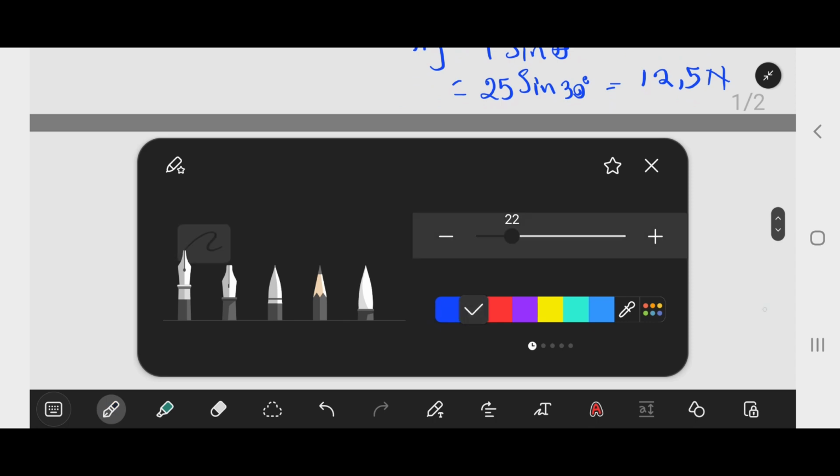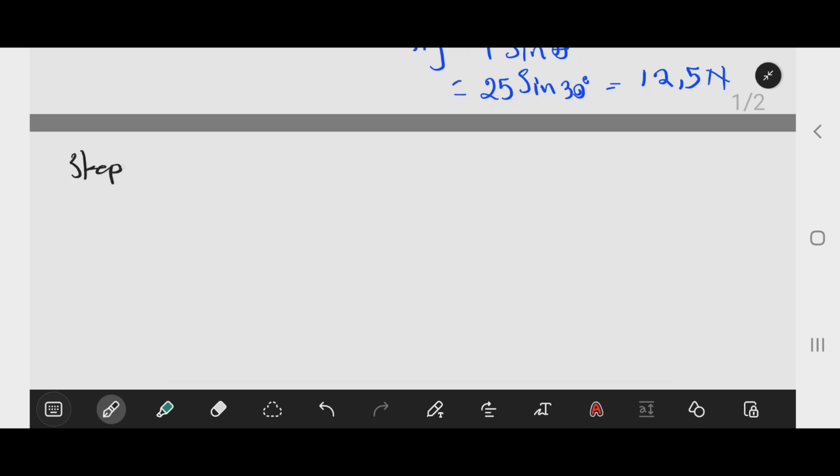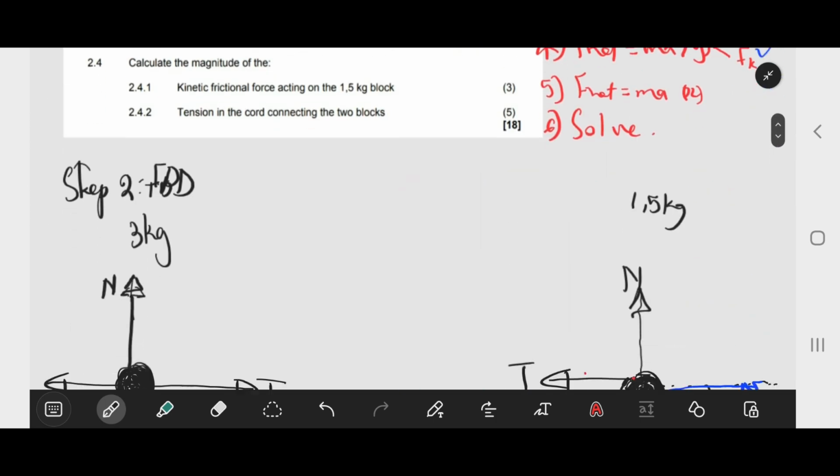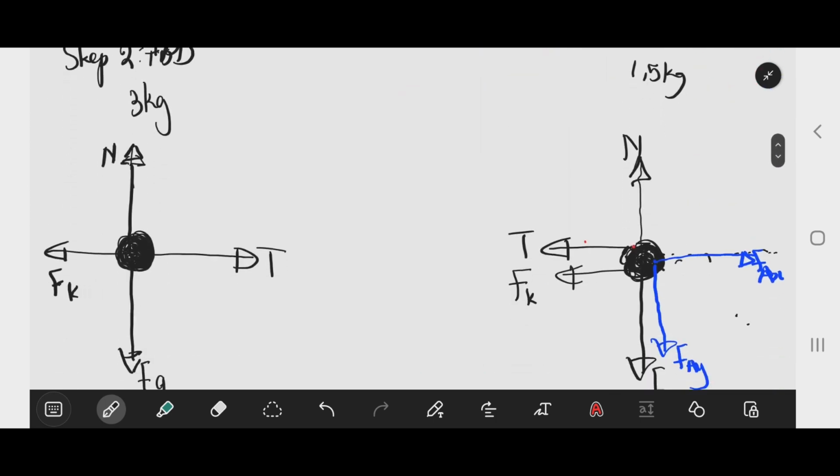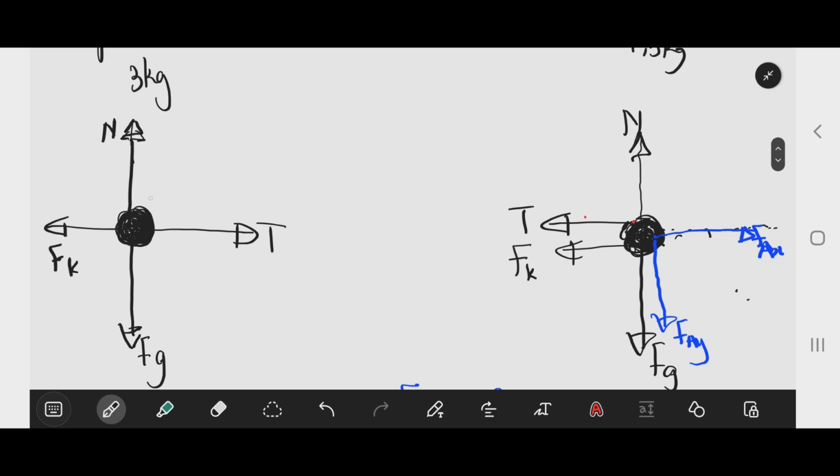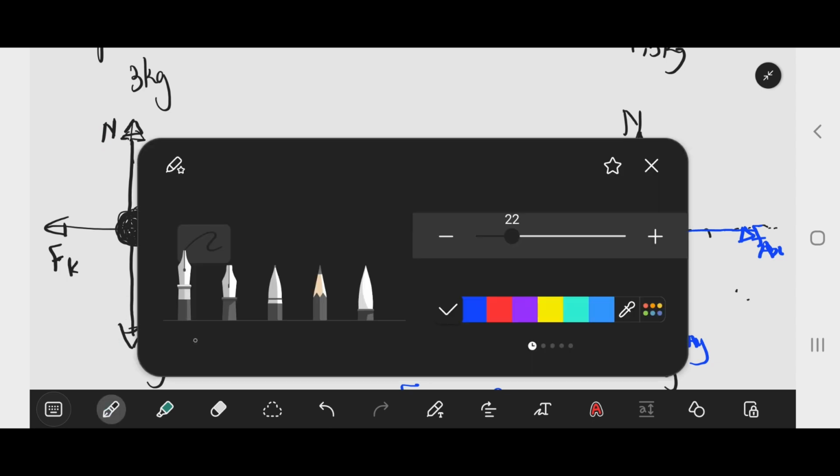So step number 4, let us apply F net equals ma in the y-axis, or in the y direction, okay? In the 3 kg block, how many forces do we have in the y direction? We have 2 forces, which are the normal force, which will be positive, and Fg, which will be negative.